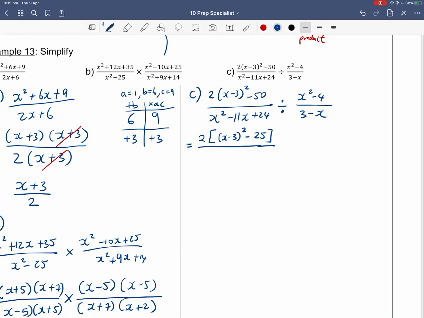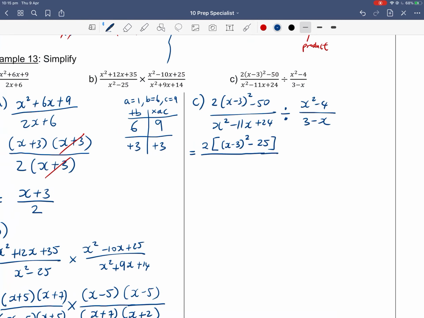On the bottom we'll have to do a little side calc to do the plus b times ac table. On the top of the second fraction, that's a plus b, a minus b example, so it's x minus 2, x plus 2, because 2 squared is 4. 3 minus x, I can't factorize that.